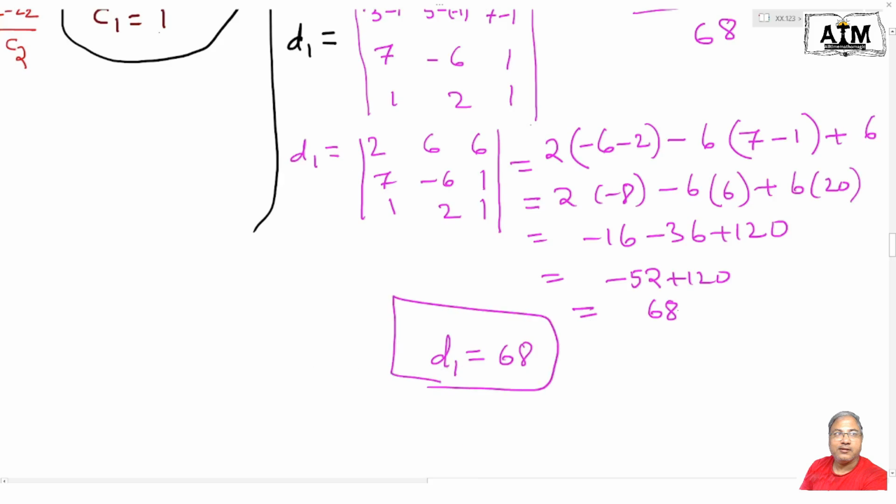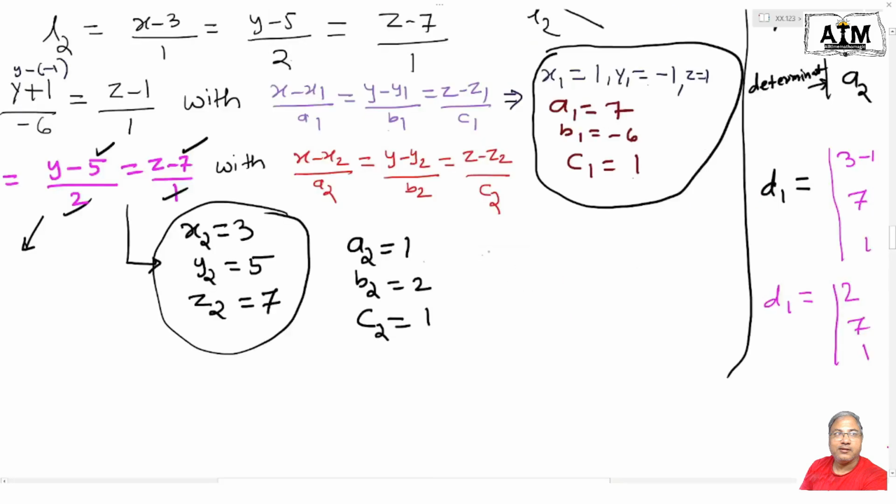Now we need to find the d2 value. To find d2, you write down b1, c1, a1, b1 values, then b2, c2, a2, b2 values. So we have b1, that is -6, c1 is 1, a1 is 7, and b1 is -6, and b2 is 2, c2 is 1, a2 is 1, and again b2, that is 2.